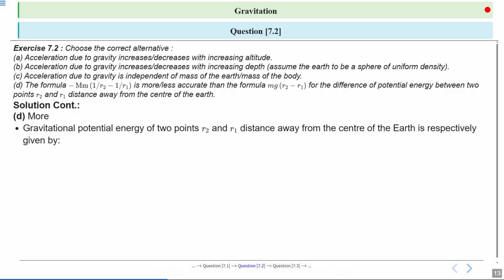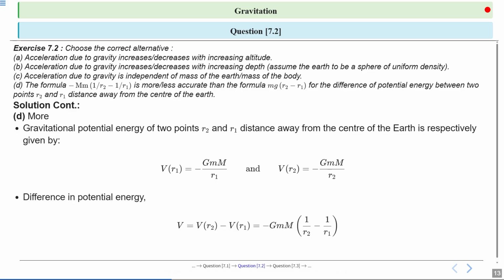The gravitational potential energy at 2 points r2 and r1 from the center of the earth is given by the specific equations. The equation is V(r1) = -GMm/r1, and V(r2) = -GMm/r2.